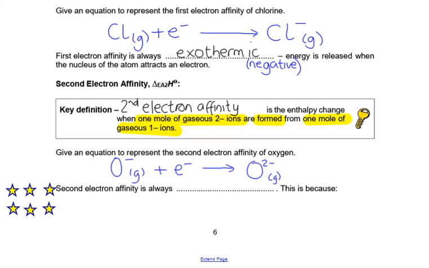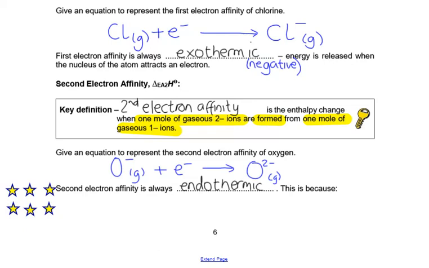Second electron affinity is always, and students are likely to say exo, just like first, but it's actually endothermic. So why would second electron affinity be positive when first electron affinity has been negative? Just have a little think, why would it take energy to put that second electron on?